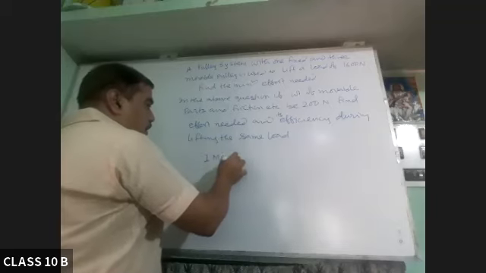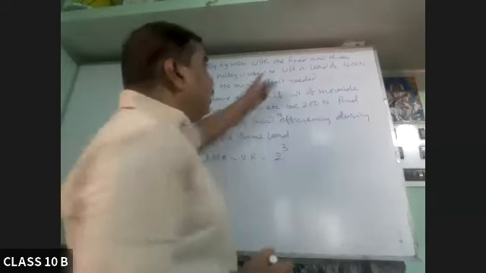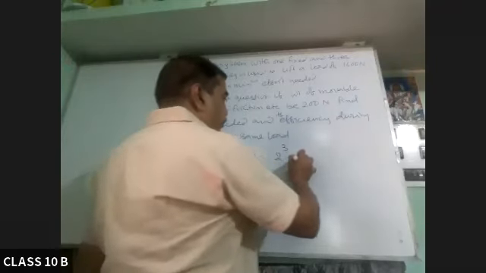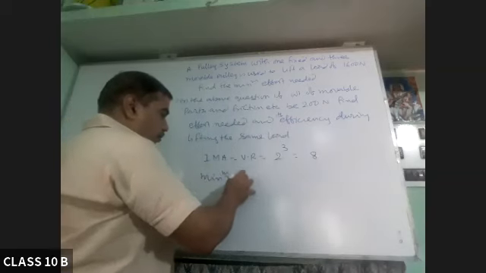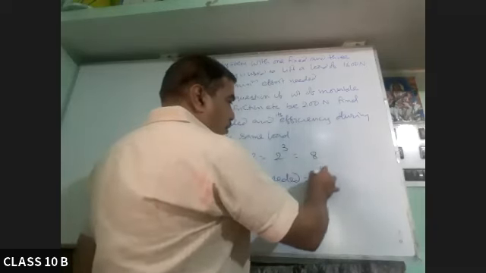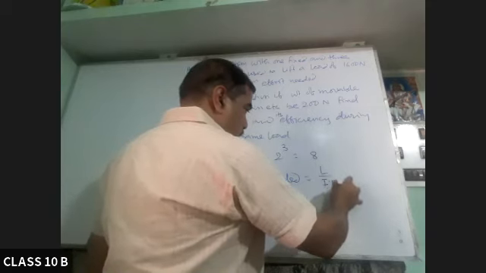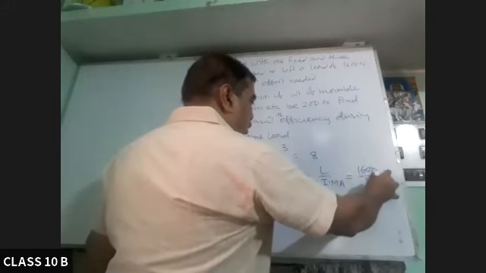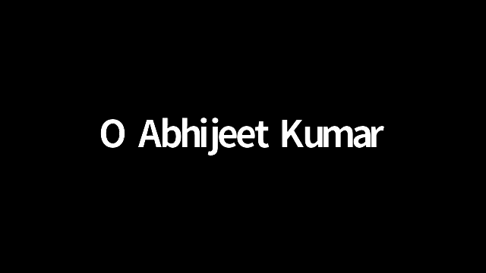So ideal mechanical advantage or velocity ratio will be 2 to the power number of movable pulleys. Here it is one fixed and the others are movable. So minimum effort needed will be 200 Newton.